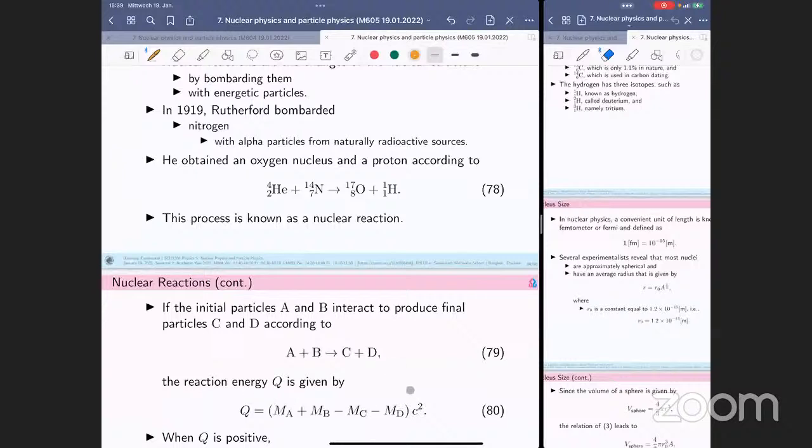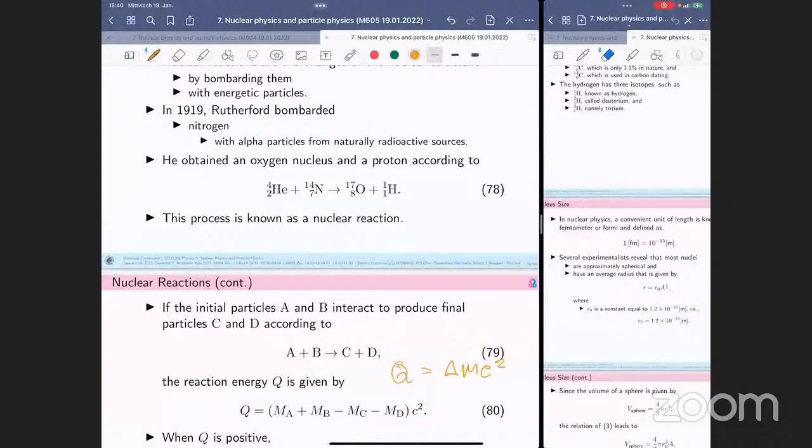And the mass here is treated in the same way as in the binding energy. But this one is not known as binding. Q is actually delta M C squared, which is the well-known formula by Albert Einstein, right?